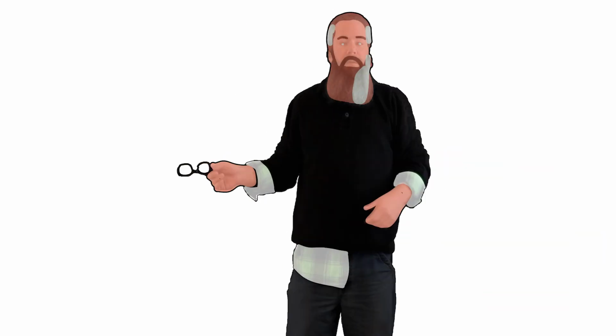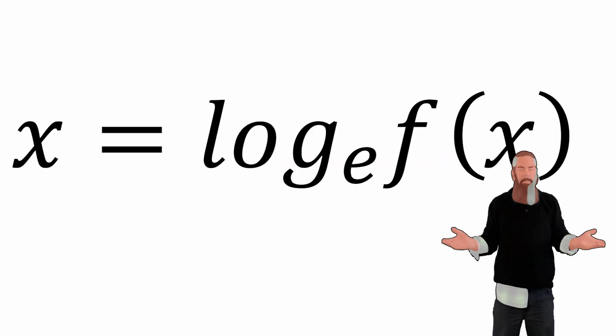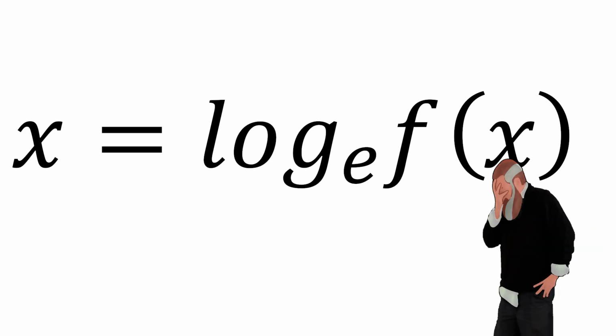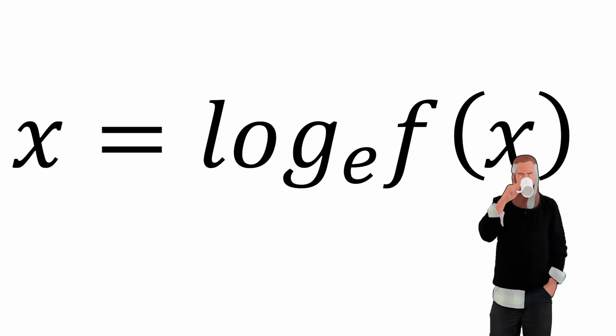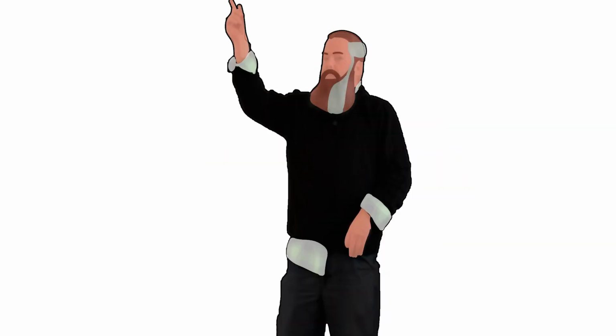The function f of x is equal to e to the x is known as a natural exponential function. This exponential function can be expressed in terms of a logarithm as x is equal to log base e of f of x. A logarithm with a base e is known as a natural log and is written ln f of x.